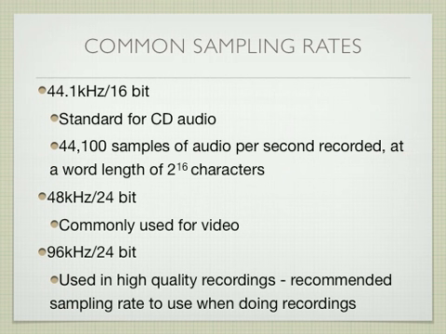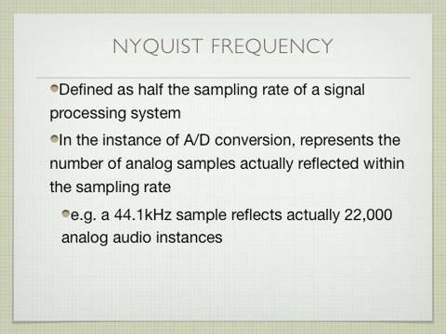Personally, I've also encountered 192 kilohertz 24-bit, used in live sound. So far, mainly the digital series of consoles with a certain stage rack is able to hit those sampling rates. Audio quality is definitely better, but to most untrained ears, they will not be able to differentiate 96 kilohertz from 192. There is also the Nyquist frequency, defined as half the sampling rate of an audio processing system. In analog to digital conversion, this represents the number of analog samples reflected within the sampling rate.